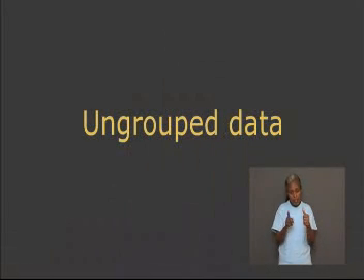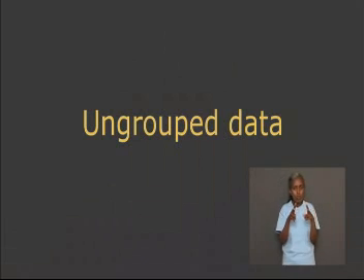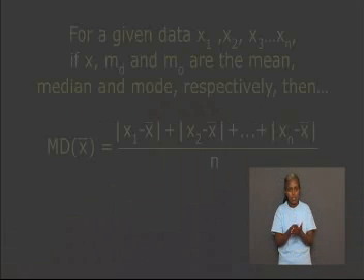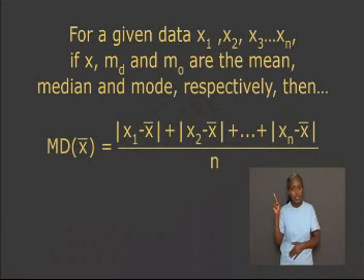Firstly, let us look at ungrouped data. Here is the formula for finding the mean deviation about the mean. It is the sum of the deviations of each item from the mean divided by the total number of items.